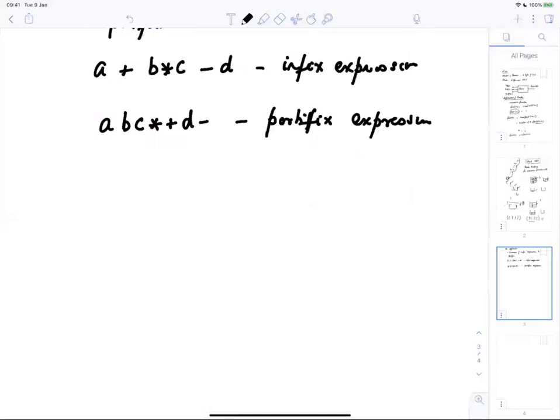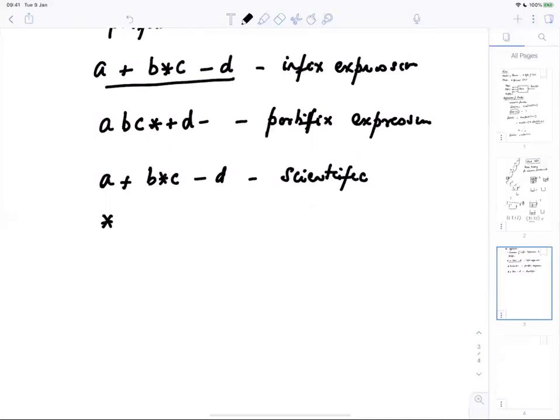Now let's try and understand this. Let us assume that the expression is being evaluated according to scientific arithmetic, like a scientific calculator, not an ordinary 4-function calculator. What's the difference between an ordinary 4-function calculator and a scientific calculator? In a scientific calculator, star and slash have higher precedence than plus and minus.